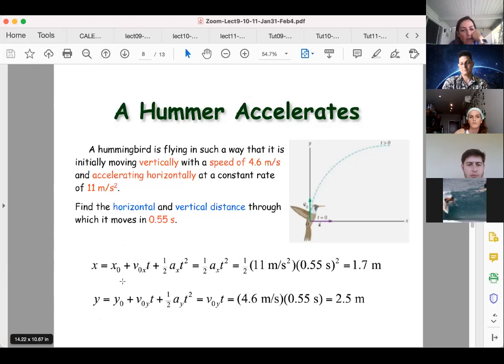Along y, you have y naught, which is 0, and v naught y t, which is provided because it's the 4.6 meters per second. And then we don't have any acceleration. It doesn't mention any acceleration along y. So we have only v naught y t. That gives you this result.